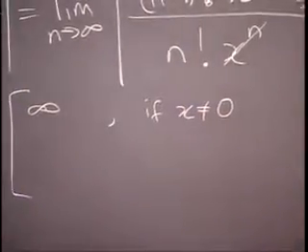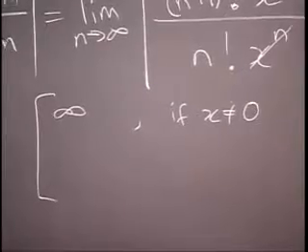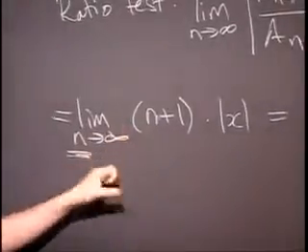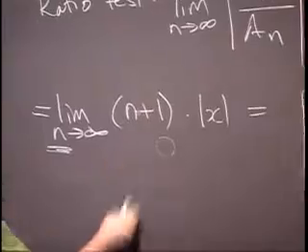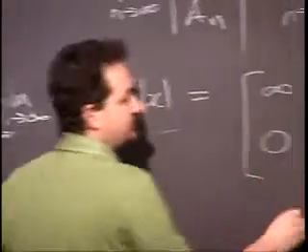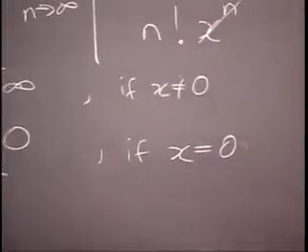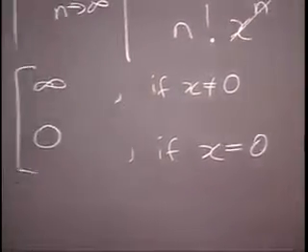But of course, if x is 0, then this whole expression is 0 for any particular n. And then when you take the limit, you'd be taking the limit of 0 in that case. So of course, this limit is 0 if x happens to be equal to 0 only. And what is important in the ratio test is whether that limit that you get is less than 1 or greater than 1. If it equals 1, you're in trouble.